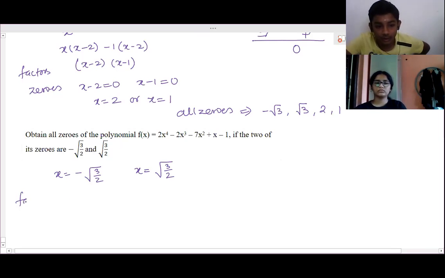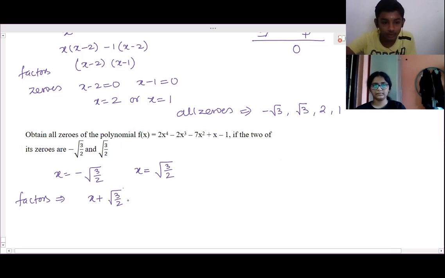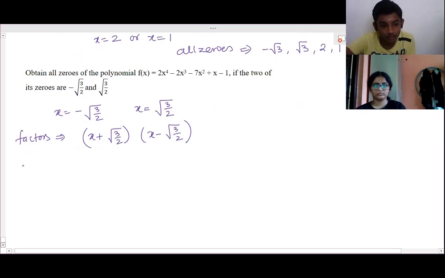So factors are x plus root 3 by 2, x minus root 3 by 2. So the product is x square minus 3 by 2.